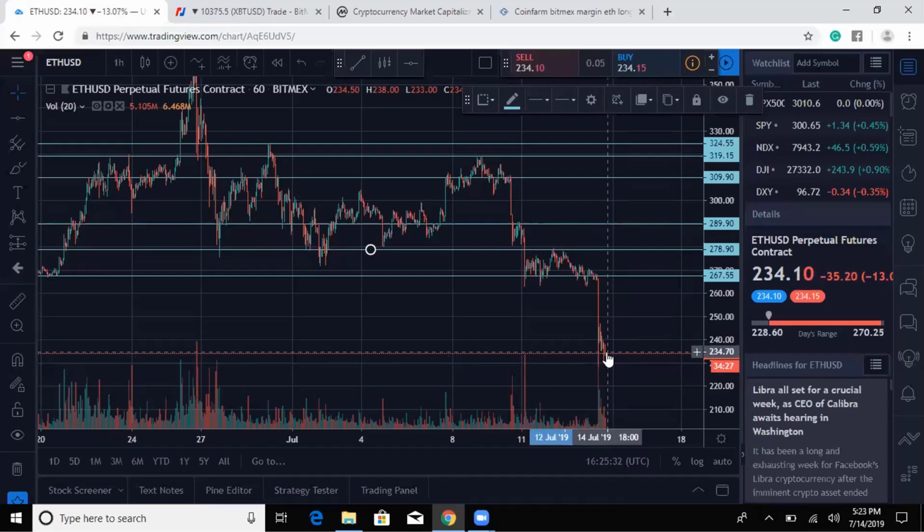Say, for example, Ethereum goes up from this price, 234, to 240, 241, 242, and then at that point you should still be cautious because the price could still come down.